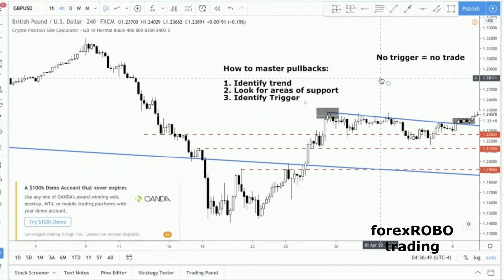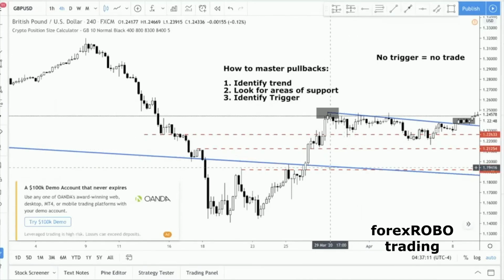If you are looking to sell in a bearish trend, then you look for areas of resistance. The opposite is true, so I'm not going to repeat for both. You want to map these areas out using lines: this zone is a potential zone, this zone is a potential zone, and this zone is a potential zone.